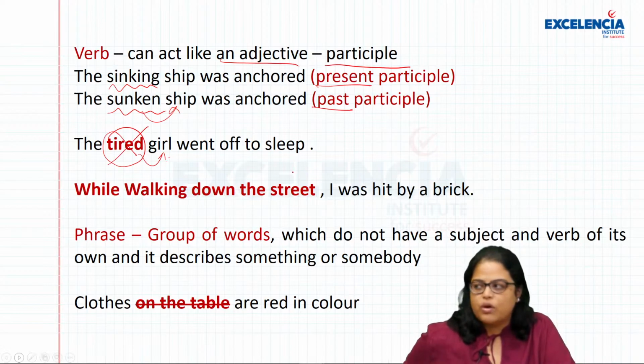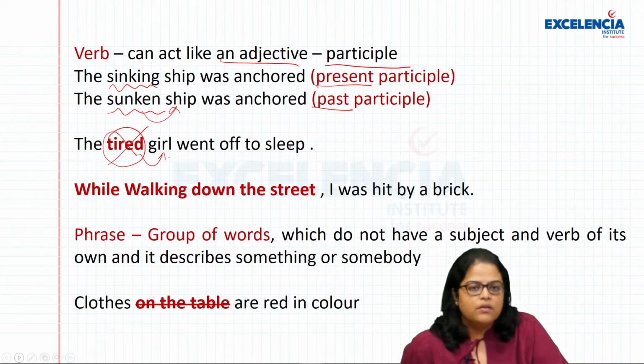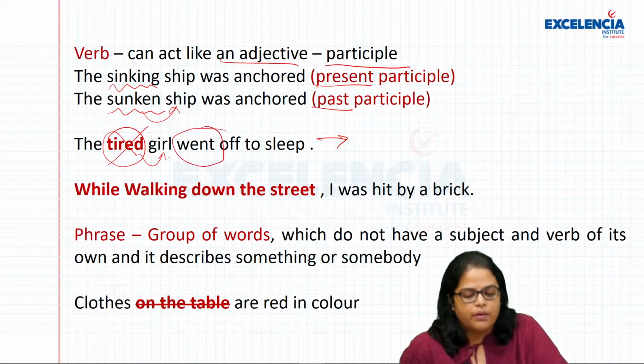In this sentence, what is my verb, Amanda? The tired girl went off to sleep. What is my verb in this sentence? Anyone? What's my verb, Yutika, here? Went. Went off is my verb.